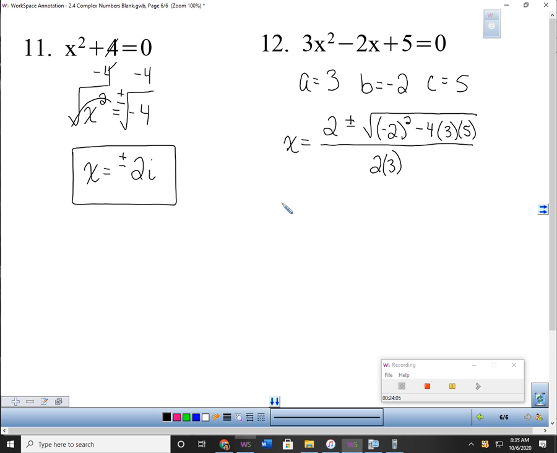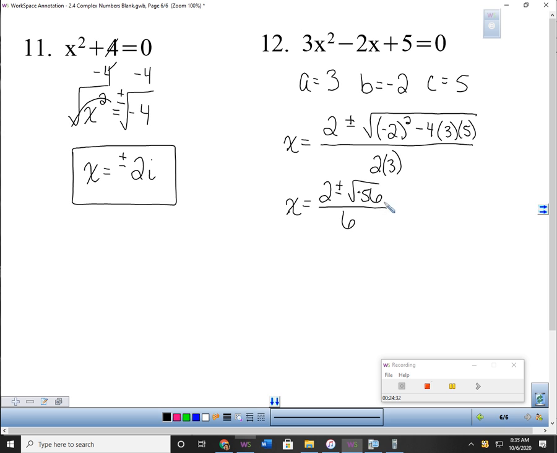So remember, when we do these, we want to make sure that we get what's underneath the root first. Which would be 4 minus 4 times 3 times 5, negative 56.